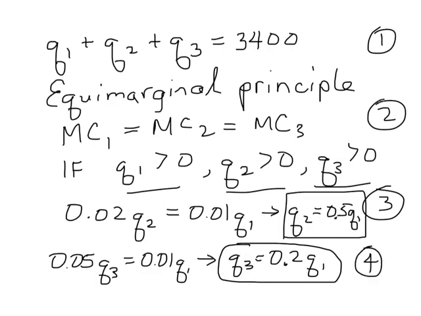And now we can plug 3 and 4 into 1, and we'll be able to solve for Q1, and then we'll be able to go back to 3 and back to 4 and solve for Q2 and Q3. So here we go.